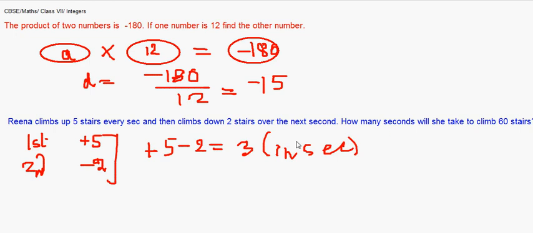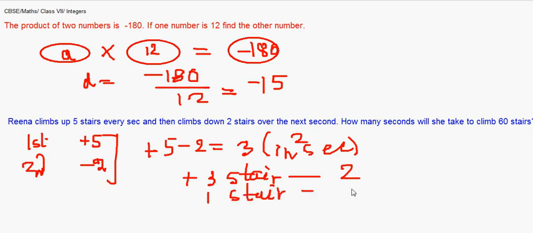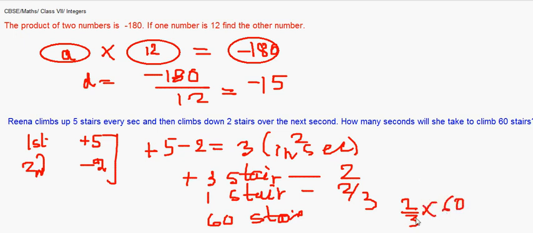So she climbs 3 stairs in 2 seconds. So 1 stair takes 2 by 3 seconds. So 60 stairs will take 2 by 3 multiplied by 60, and if you cancel, that gives me 20, and it is 40.